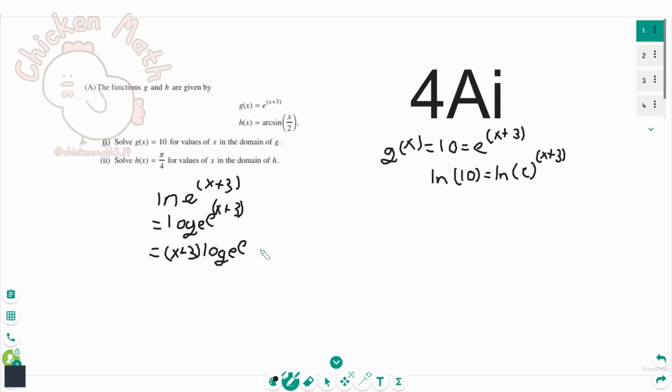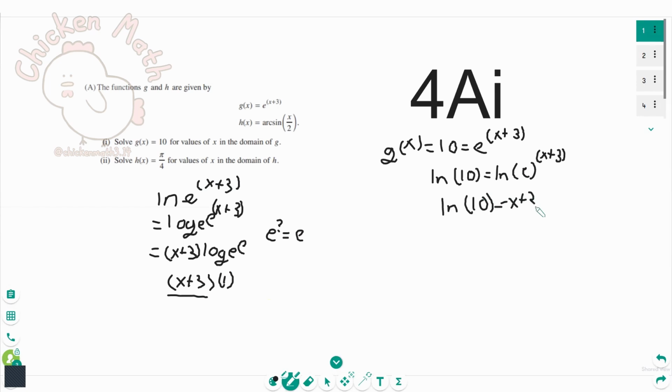And log base e of e is essentially asking, e, our base, to the power of what is equal to e? Well, this is just going to be 1. So you're left with x plus 3 times 1, which is just x plus 3. So if you apply that here, ln of e to the x plus 3 is just x plus 3. It effectively gets rid of the ln and e.